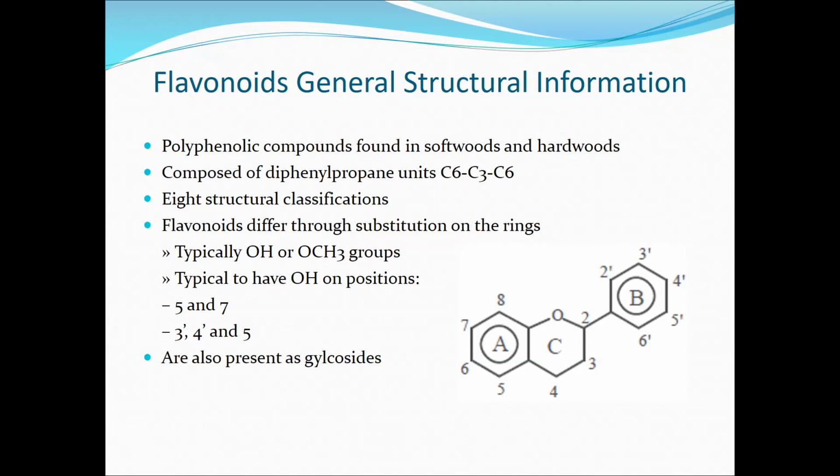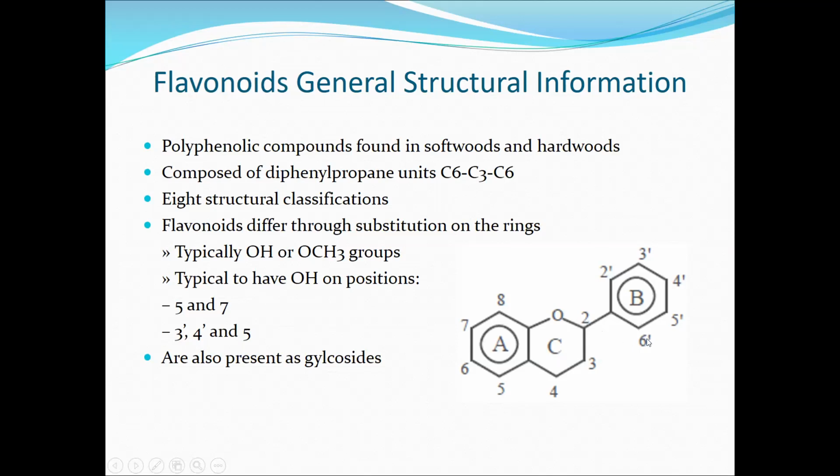Flavonoids are basically phenolic compounds. Flavonoids have a general structure. They are polyphenolic compounds found in softwoods and hardwoods and many other parts of the plant, composed of diphenyl propane units. Here you can see the skeleton of flavonoids, C6, C3, C6. That means the A ring is C6, the middle ring is C3, carbons 1, 2, 3, and the B ring is again C6.